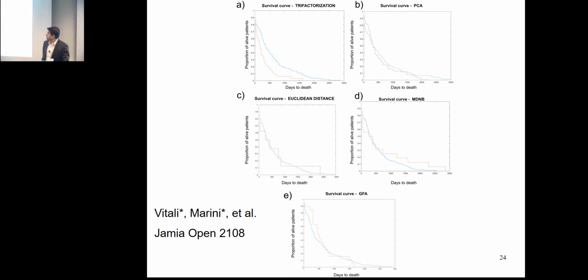It's important to see that all the other methods failed. All the other methods, they present curves that are more or less superimposed. I can measure the p-value. The only significant p-value is here with the method that I presented, and is about 0.01.